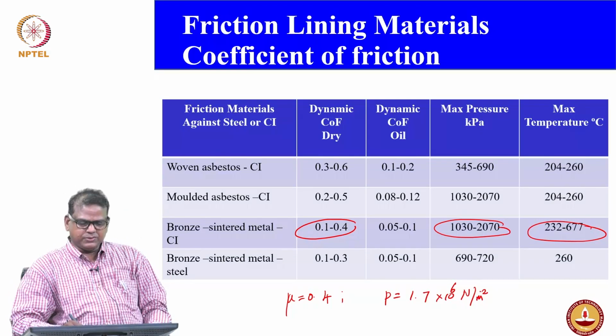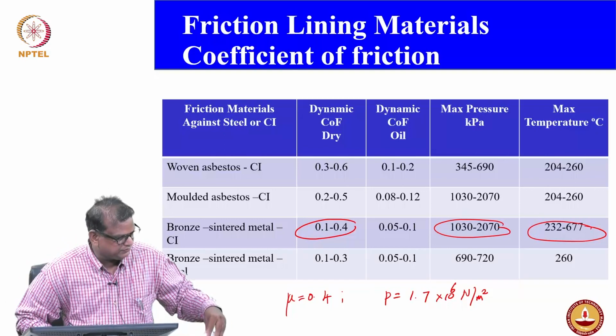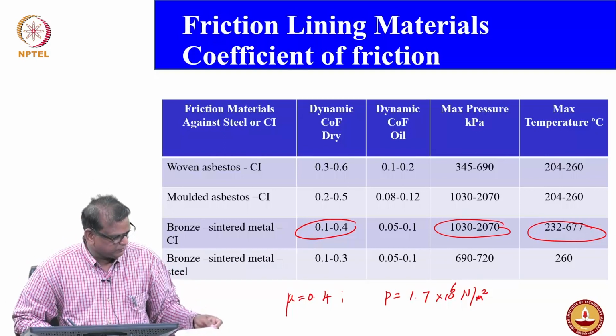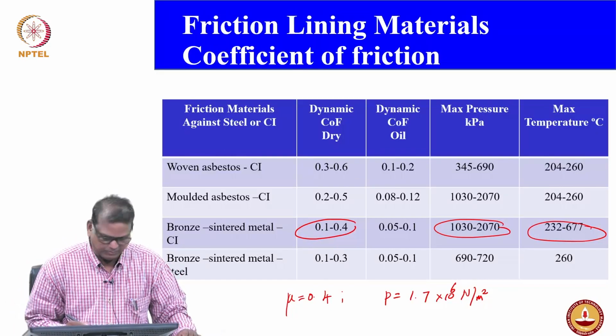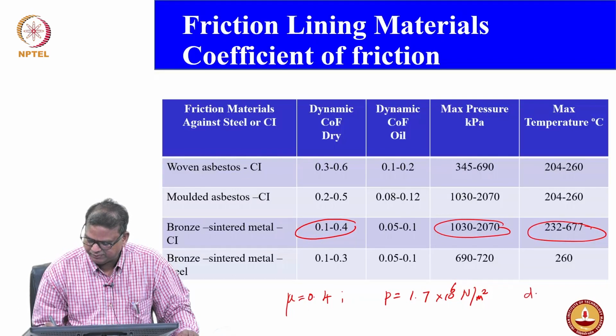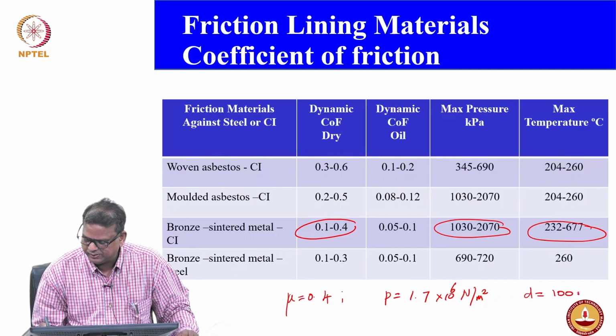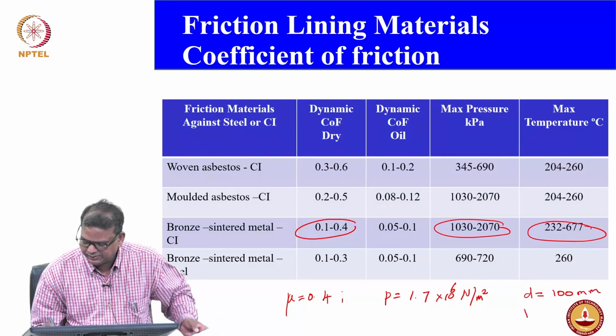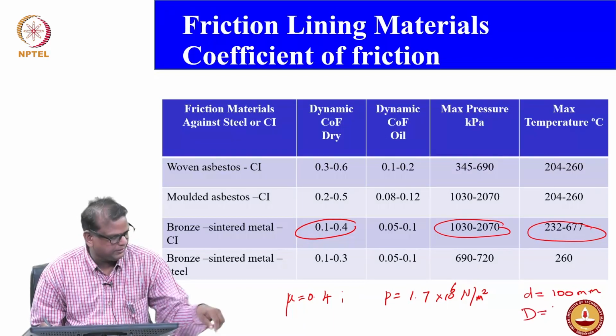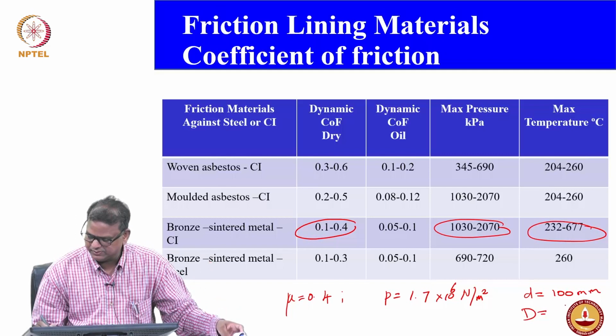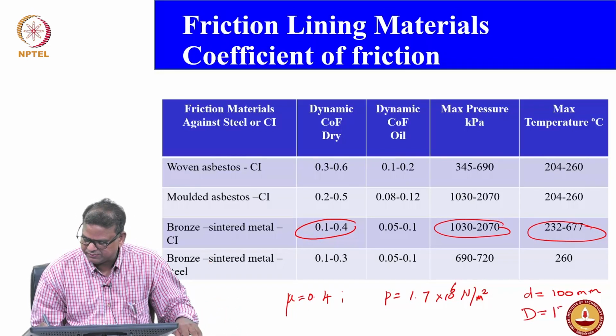This is the value I have chosen, and based on this value we are able to find the dimensions. Hope you remember, we have taken the inner diameter of the clutch as 100 millimeter. The outer will be 0.17 or 170 millimeter.